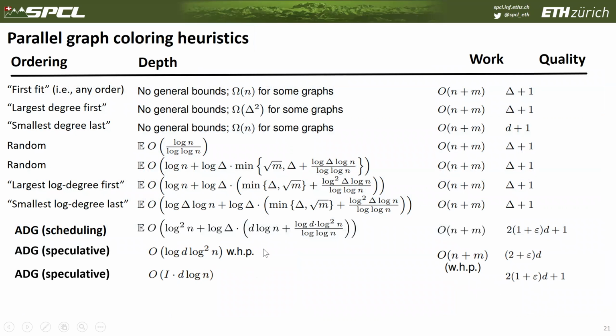So this is again a very interesting bound, because this log square n is not really much higher than these bounds in these other schemes, and log of degeneracy is going to be very low in most of the modern graphs, which are also quite sparse. Another interesting observation here is that this depth bound is really the only such strong bound among all the schemes that are based on speculation.